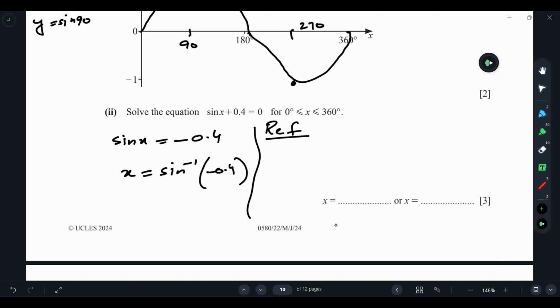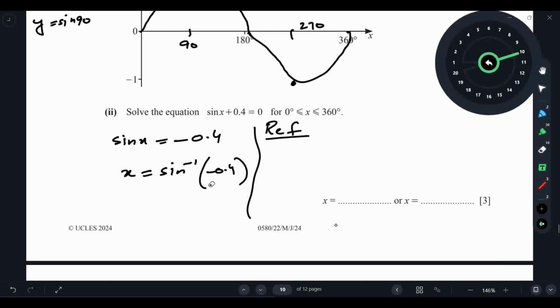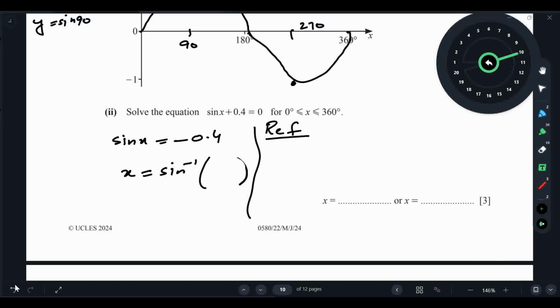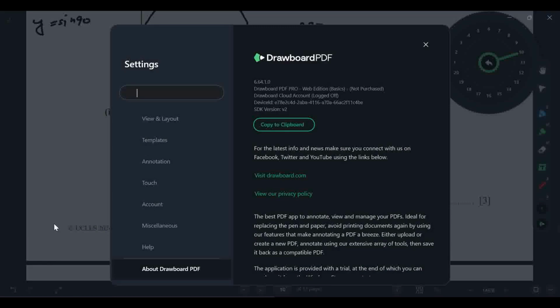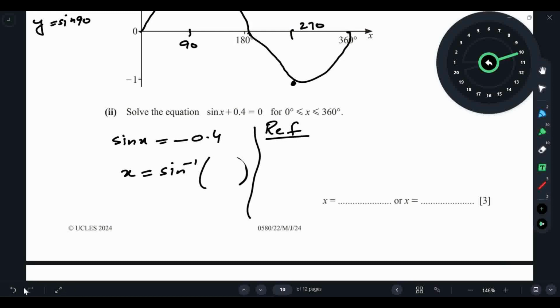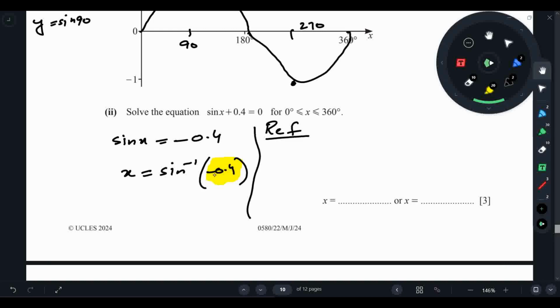For reference angle, keep one thing in your mind, that this value should always be positive. Now we can write it as reference angle x is equals to sine inverse of 0.4.